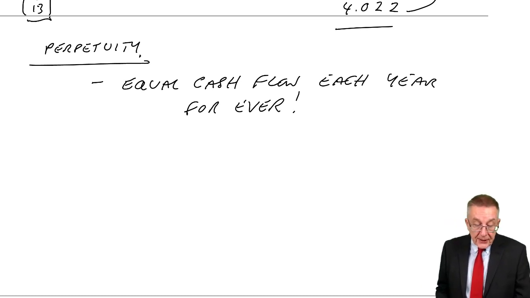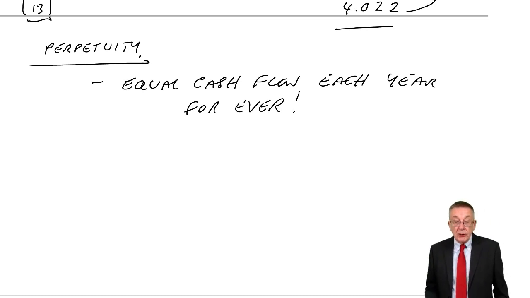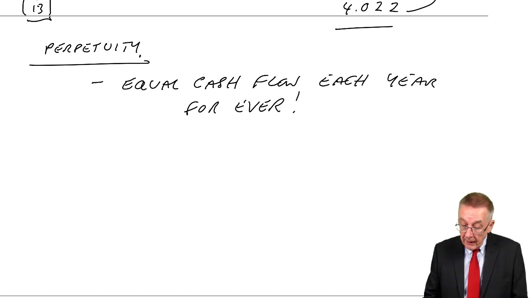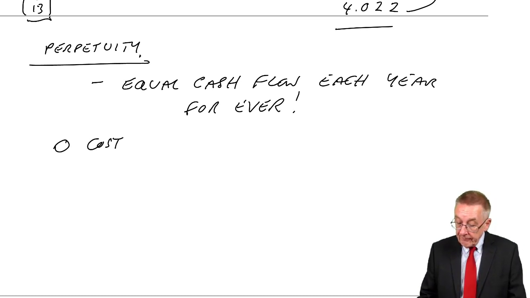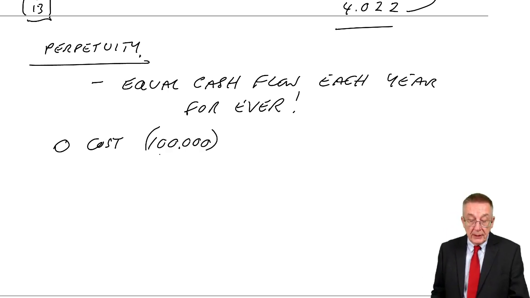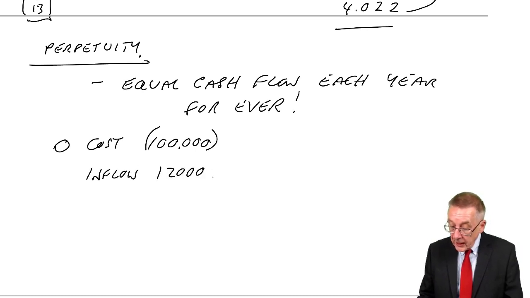Look at example 6. A machine costs 100,000 and is expected to generate 12,000 in perpetuity. So again, the way we write it, the cost, there's an outflow of 100,000. We then get inflows of 12,000 per year.